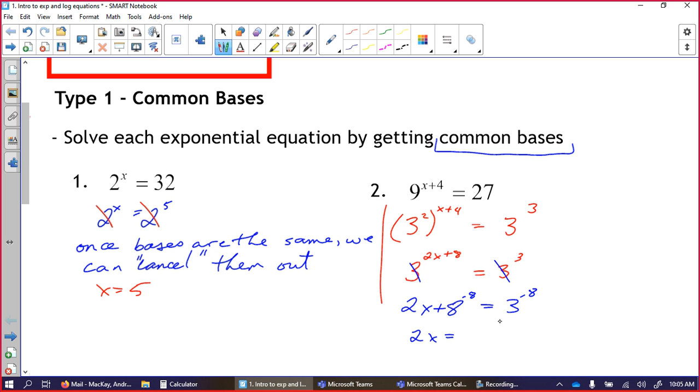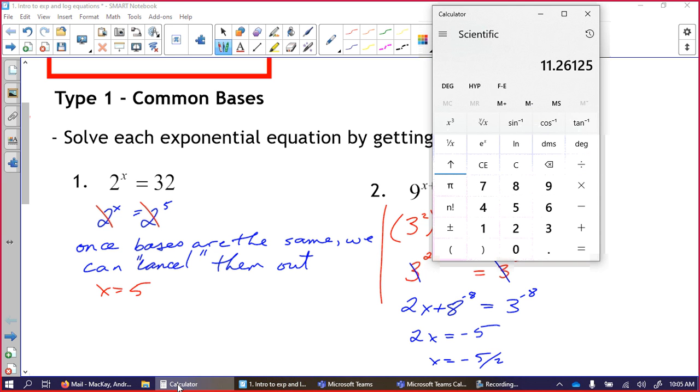So therefore, we get 2x plus 8 equals 3. 2x equals negative 5. x equals negative 5 over 2. And we can put that in if we wanted to check. 5 divided by 2 is 2.5.